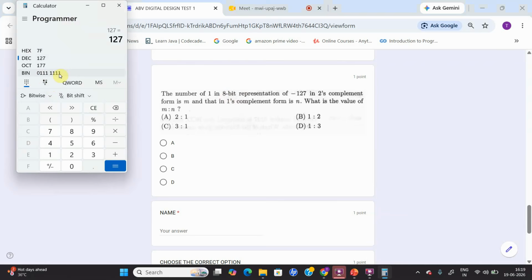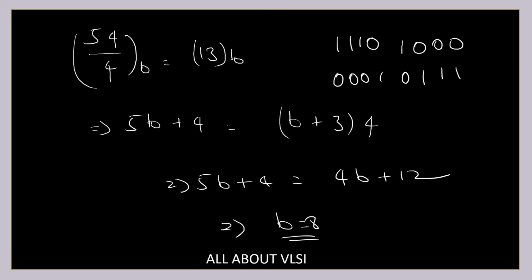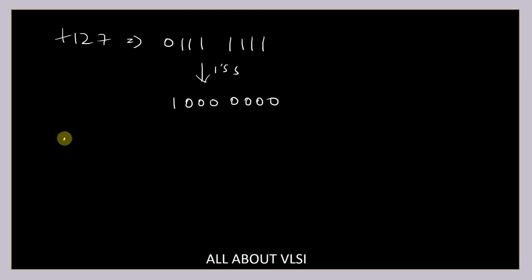If you perform ones complement on it, then you will have only one 1. So plus 127 is nothing but 0 followed by seven 1s. If you apply ones complement on it, it is nothing but 1 followed by seven 0s.